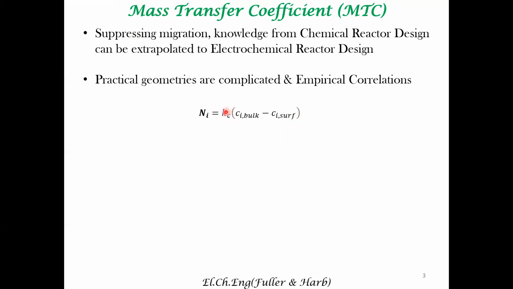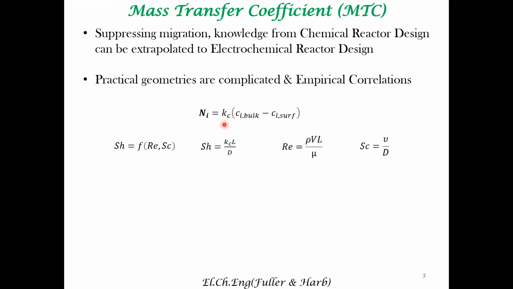So you have to get the direction of fluxes right; you have to make sure which is being subtracted from what, whether it is this way or the other way around. That will determine the direction of fluxes. In any case, we are going to use this mass transfer coefficient, which is defined within this equation. And again, just to emphasize, this is used when there is no migration, or migration is marginal.